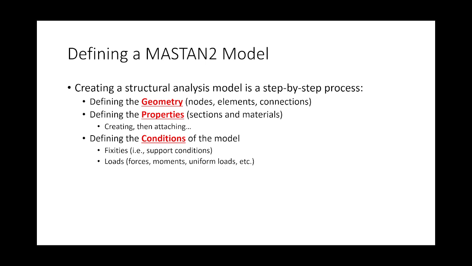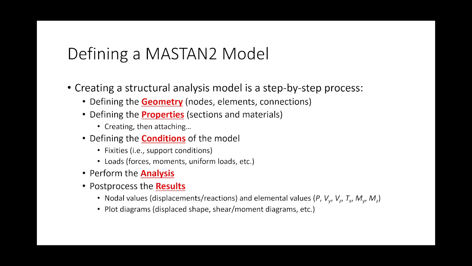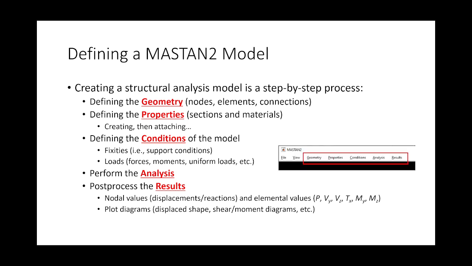Conditions are like the support conditions, we call those fixities in MASTAN, and then the loads, the forces, the moments, etc. We perform the analysis, and then we post-process the results. And see these red bolded words right here? I'm just getting that from right here. So you literally start here, work your way over, and you're done. It's really simple, okay? With me so far? Okay.